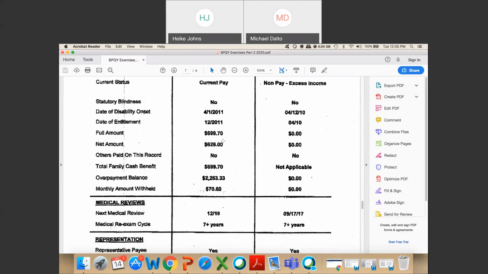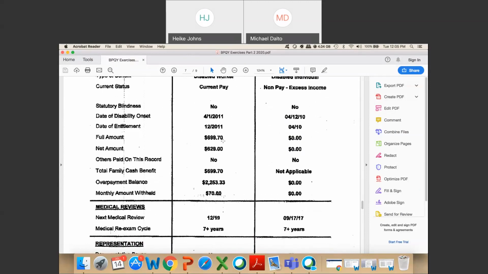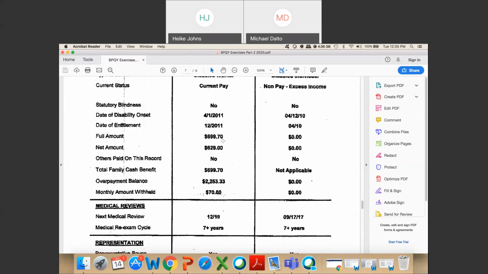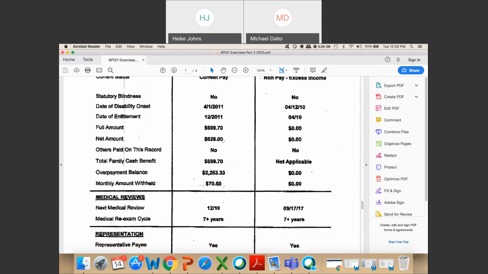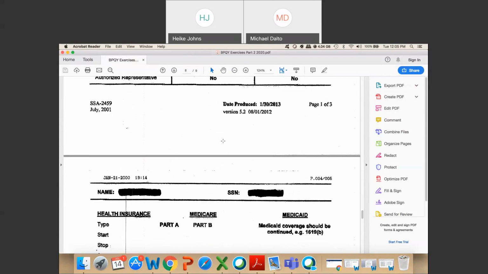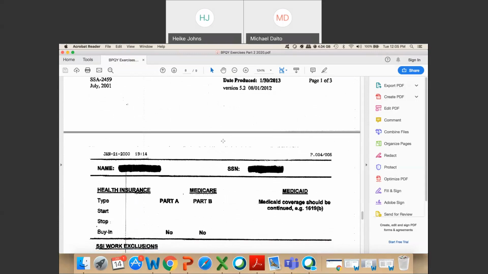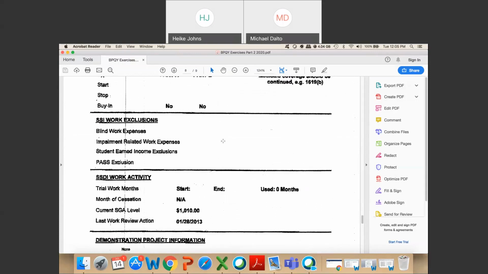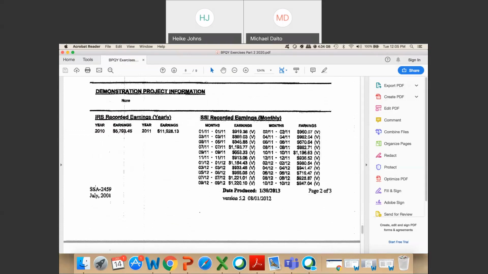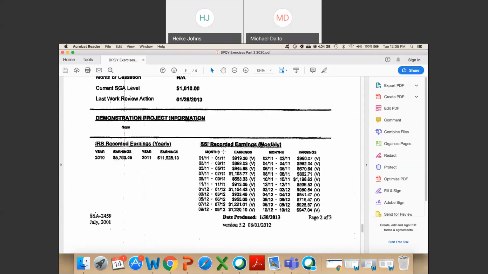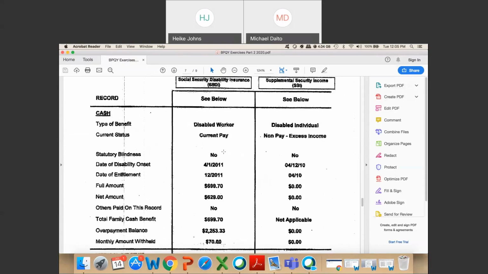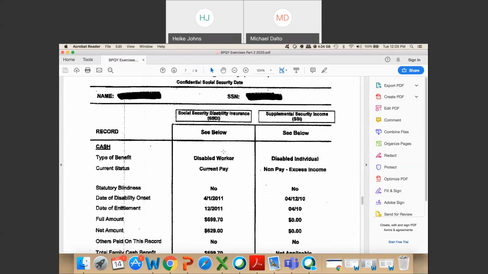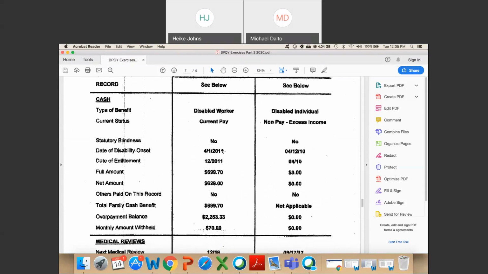So let's look at earnings in 2011 and 2012, from, let's see, we're looking at earnings from April 2011 through March of 2012.